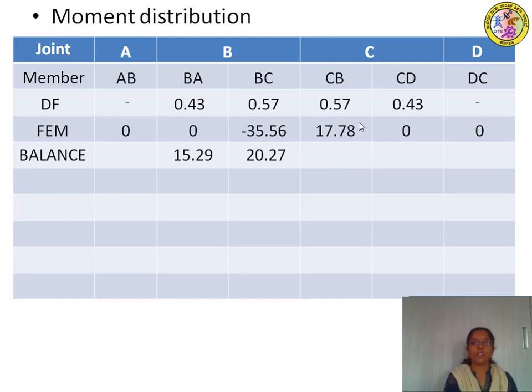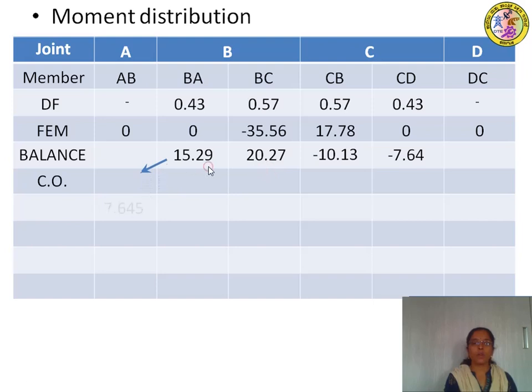And now joint C is imbalanced by 17.78, therefore balancing moment will be minus 17.78. So minus 17.78 into 0.57 will be equal to minus 10.13, and minus 17.78 into 0.43 will be equal to minus 7.64. As soon as you apply the balancing moments, they will be carried to the far ends from BA to AB.